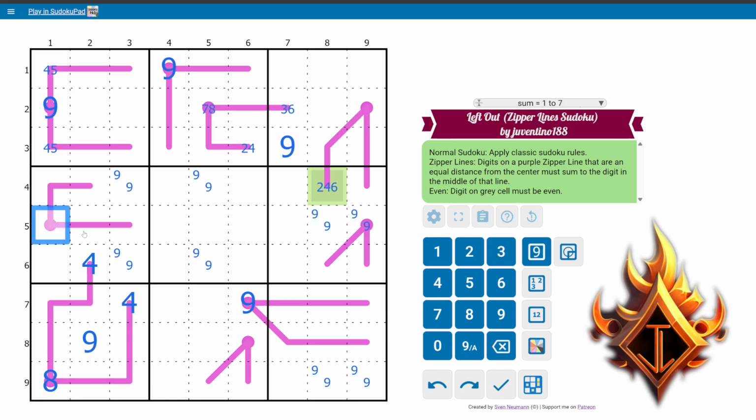This, it's not 8 or 9. Does it need to be 7? It actually can't be 6 or 5 or 8 or 9. It can't be 6 because the 4 is there. So it is 7.